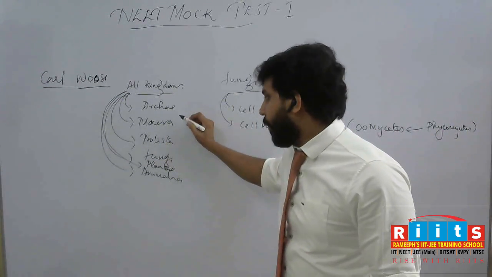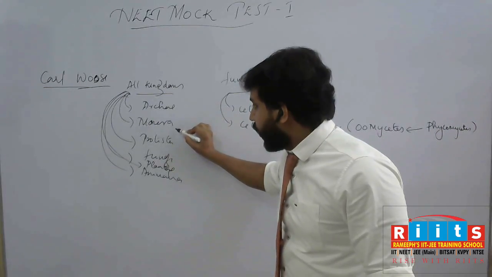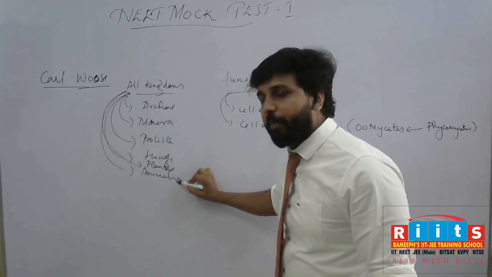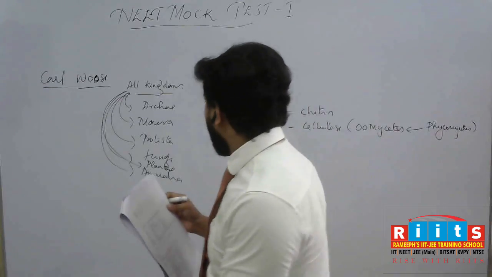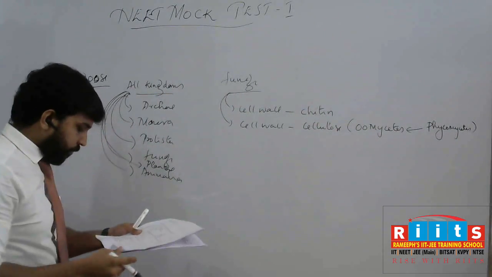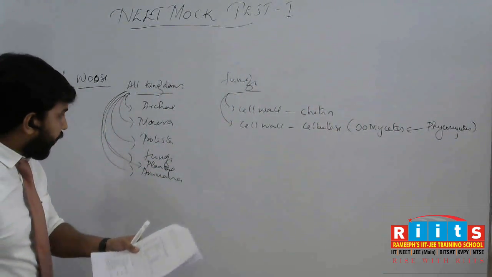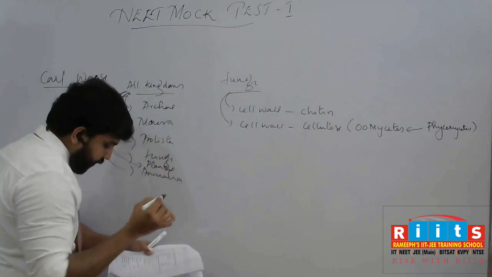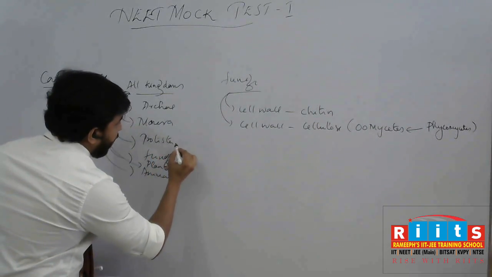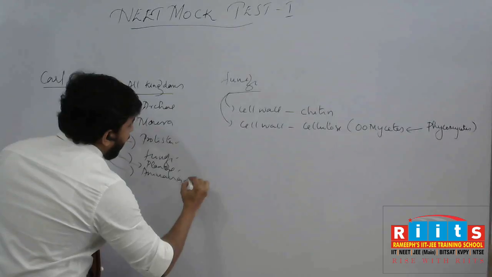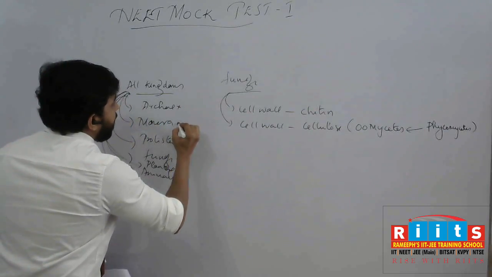So Archaea, Monera, Protista, Fungi, Plantae, and Animalia. Mitochondria are present in Protista, Fungi, Plantae, and Animalia. It is not seen in Archaea and Monera.